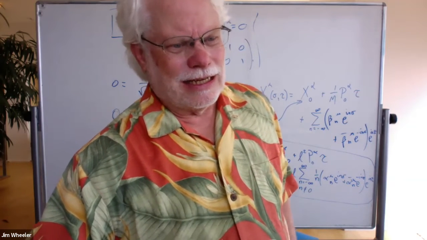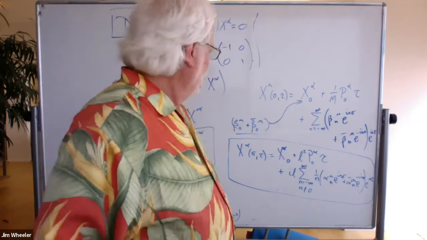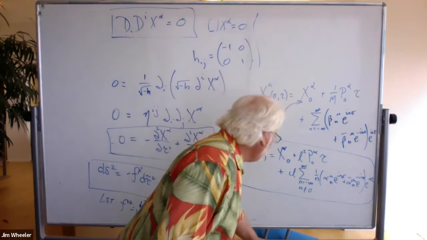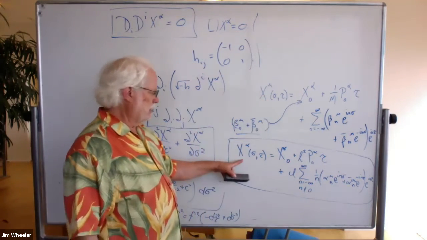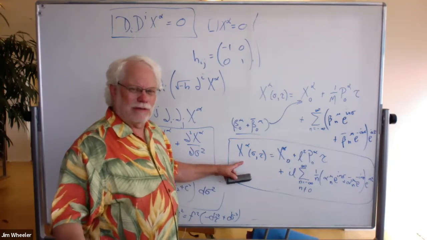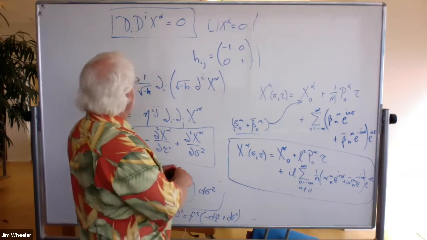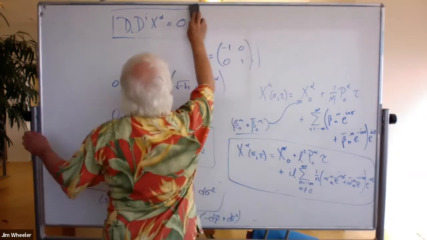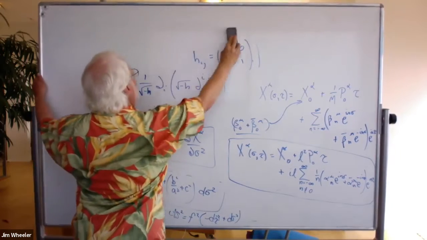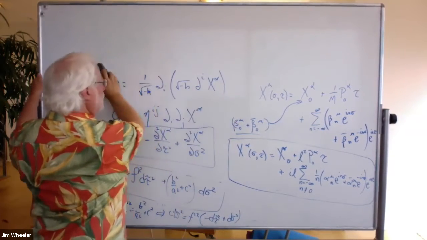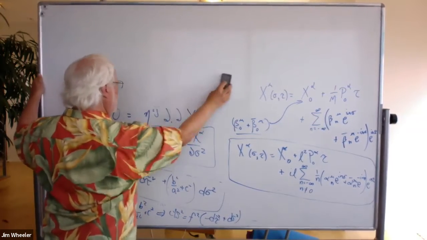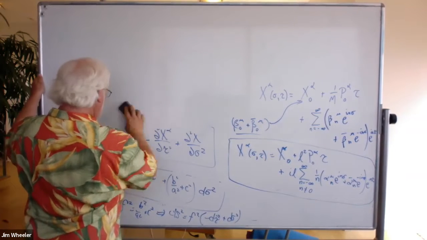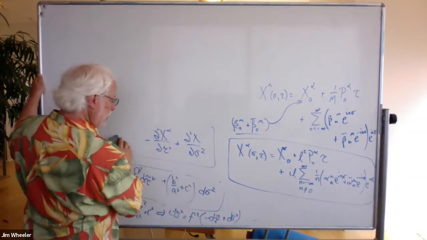But the other condition that we need is reality. This is a real n-dimensional space-time vector. So let's look at the consequences of reality for that. You solve this equation.